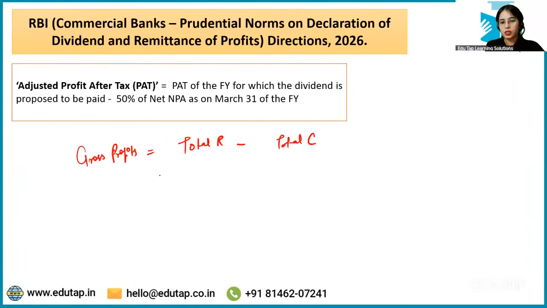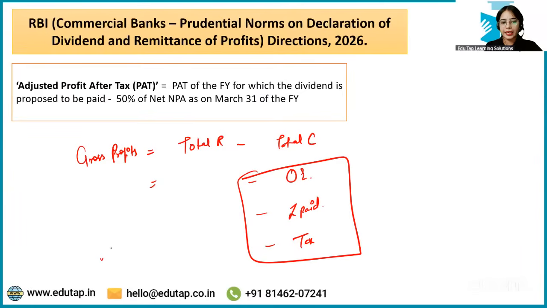From the gross profit, the bank deducts the operating expenses, the interest, and the tax. Then the bank comes to the net profit, which is known as the profit after tax.